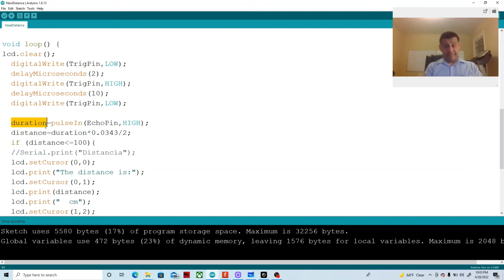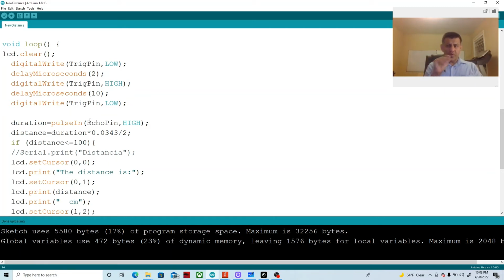That means time, the T that we just found in the little mathematics that we did, right? So the duration is going to be equal to the pulseIn function, and the pulseIn function will take the argument of the echo pin and read when it turns high, right?